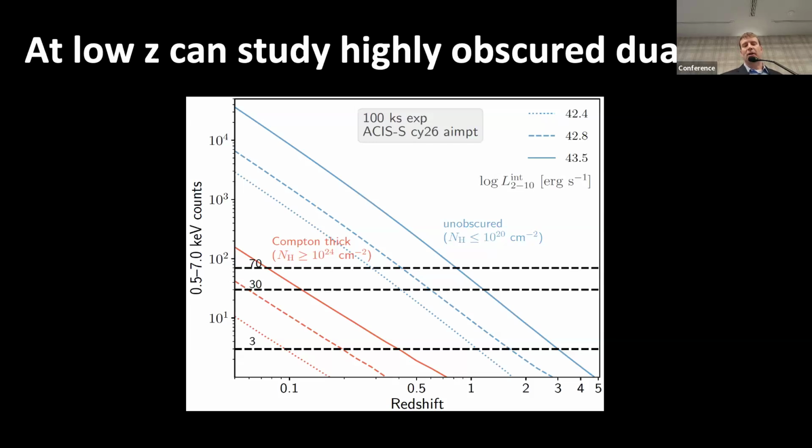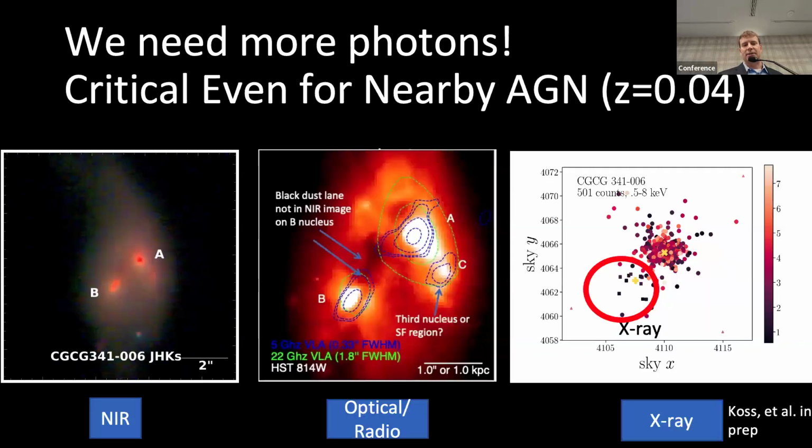But the Compton thick AGN are basically, even with 100 kiloseconds at 10^42.4, those dashed lines are basically undetectable above redshift 0.1. So you really do need these much deeper exposures that AXIS will give you.